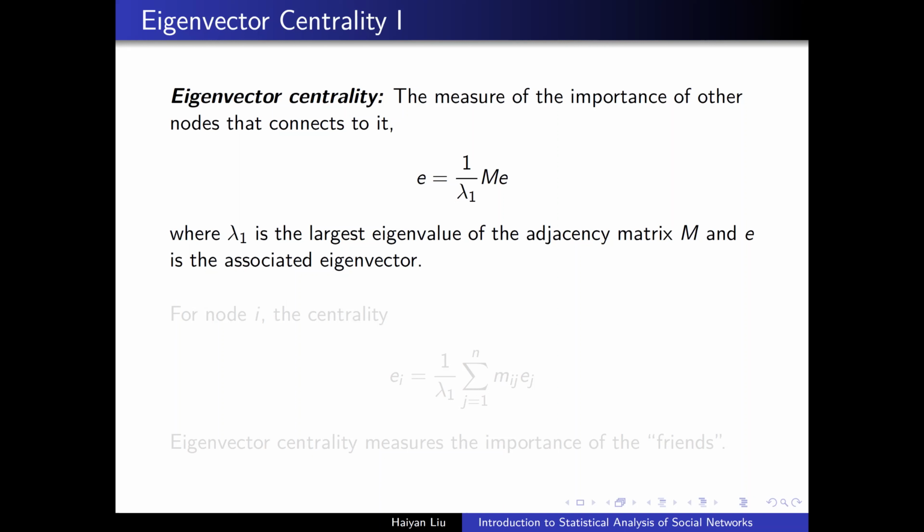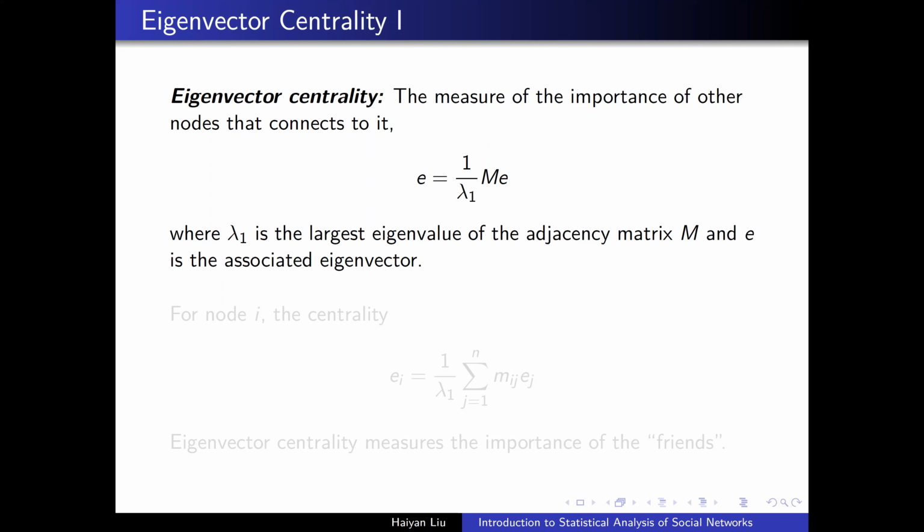Eigenvector centrality basically uses the eigenvalues and eigenvector scores to describe the position of an actor in the network. In this formulation, E is the eigenvector associated with the largest eigenvalue of the adjacency matrix. We have an adjacency matrix, which is a square matrix, and we can do an eigenvalue, eigenvector decomposition.